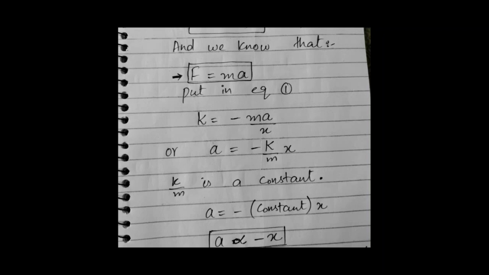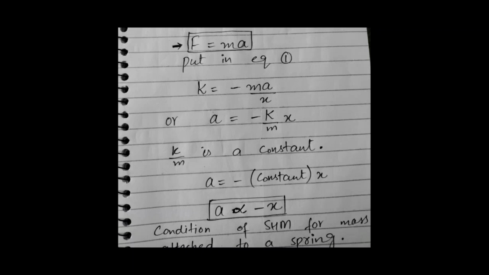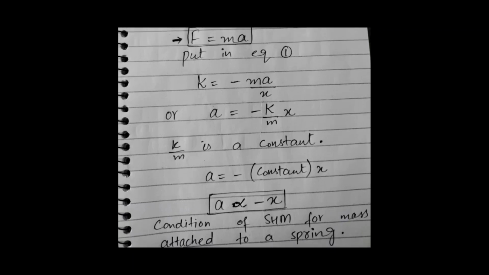So we can say that there is some constant which can be any value. We don't specify, we only say that this is constant. And from this we know that a is directly proportional to minus x.